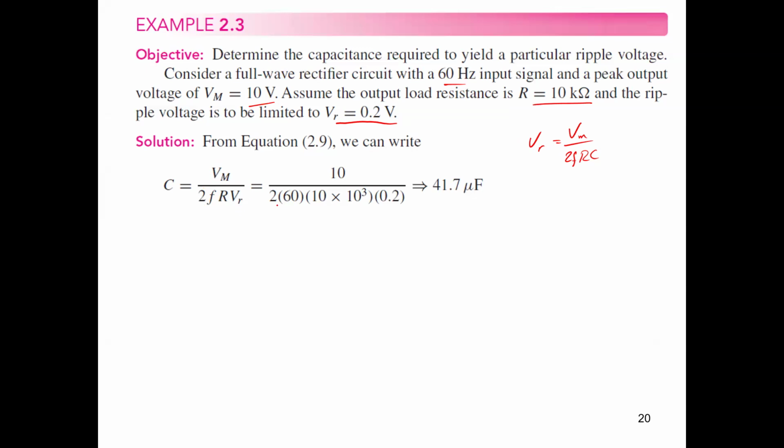So this is going to be 2 times 60 hertz times our resistance, 10 kilo ohms, so 10 times 10 to the power 3, times ripple voltage 0.2 volt. This gives us a capacitance value of 41.7 microfarad. So this is, guys, the capacitor needed in order to limit the ripple to 0.2 volt.